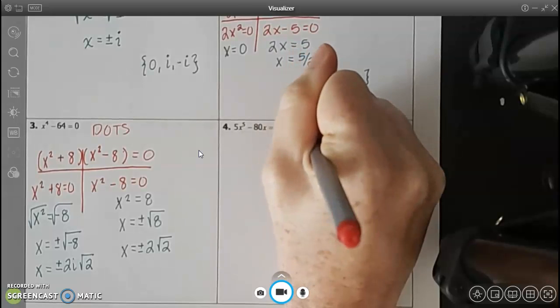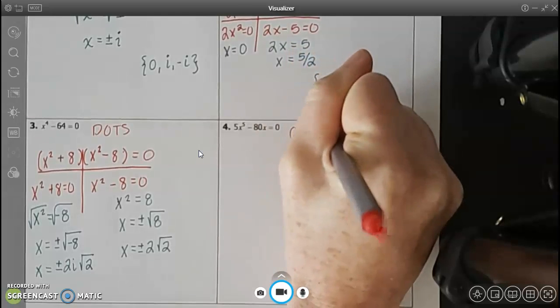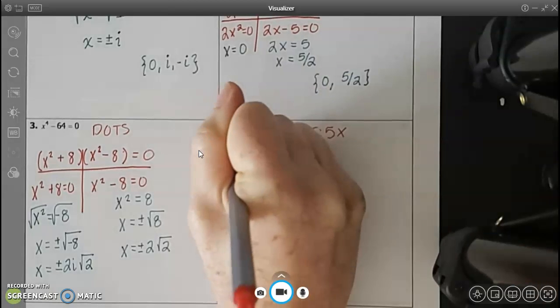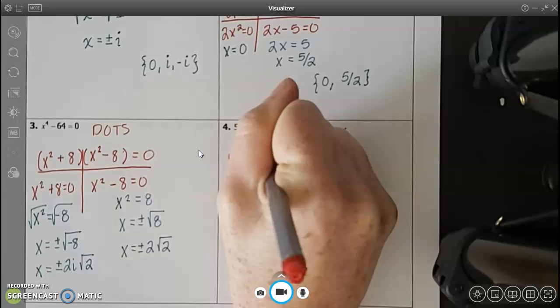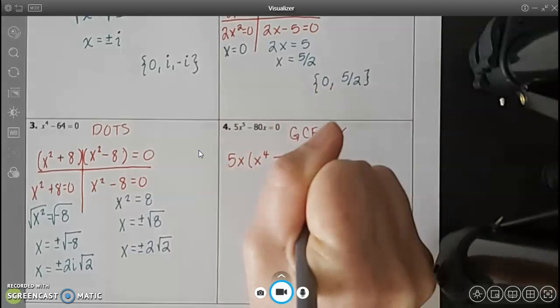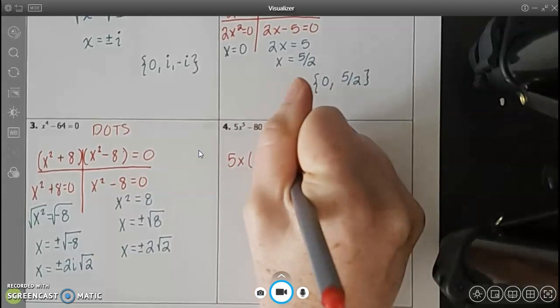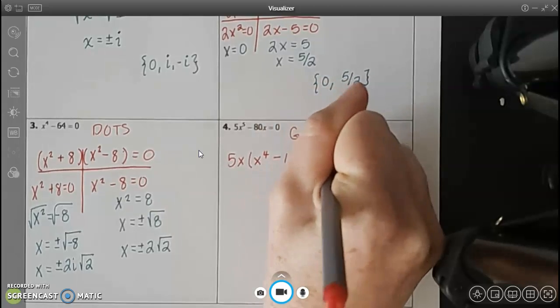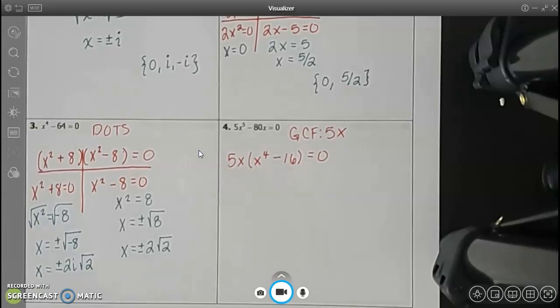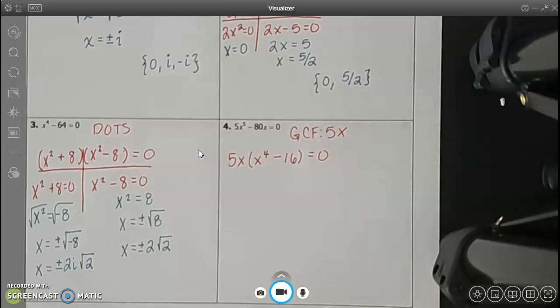If we factor out a 5x, we're left with x to the 4th minus 16. Then notice we can factor x to the 4th minus 16 as a difference of 2 squares. So don't forget about the 5x on the outside, that's your GCF.